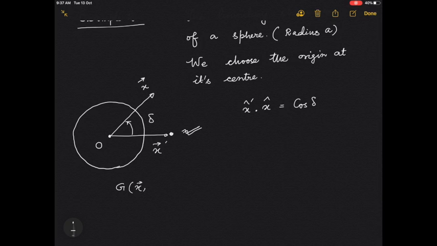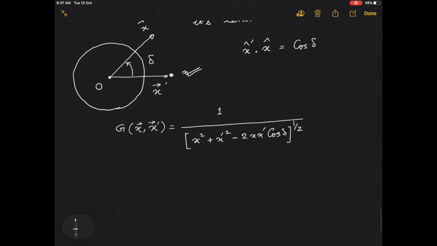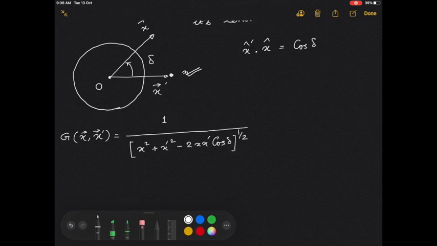Now I will leave it to you, because this probably you have already seen in your earlier courses. The Green's function in this case can be written in the following way: the magnitude of x minus x prime is nothing but x square plus x prime square minus 2 x x prime cos delta, and that entire thing to the power half. That gives you the magnitude.